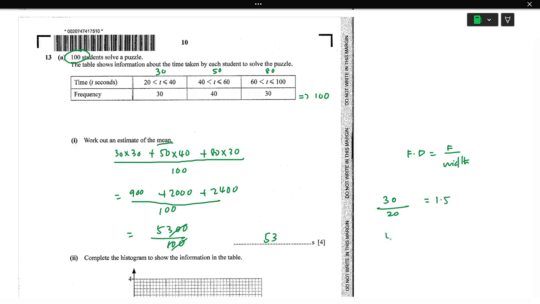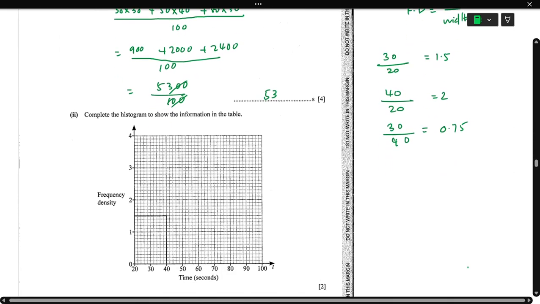The second one, 40 over the width, 60 minus 40 is 20. So this is 2. The last one, 30 divided by 100 minus 60, which is going to be 40. So 30 over 40 is 0.75. Okay, we got all three frequency densities.